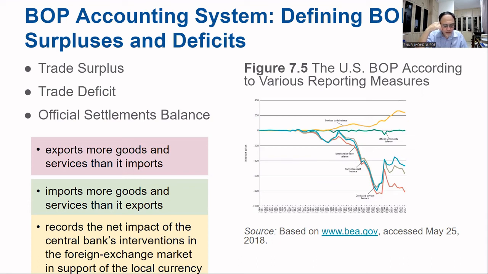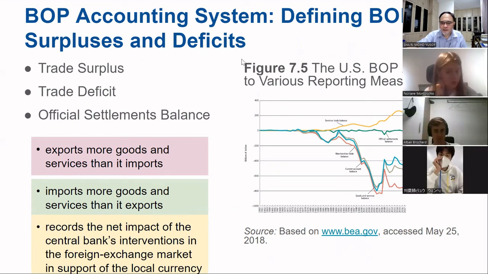For example, the balance of merchandise trade reflects the competitiveness of the manufacturing sector. Do you agree? The trade surplus or deficit on merchandise shows how competitive the country's manufacturing sector is, because merchandise is all produced: car manufacturing, electronic goods manufacturing.